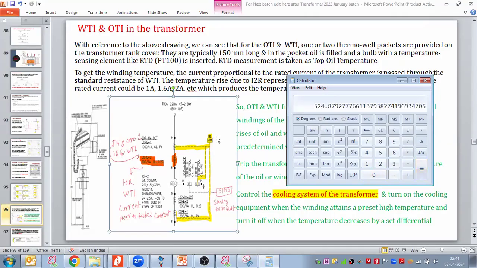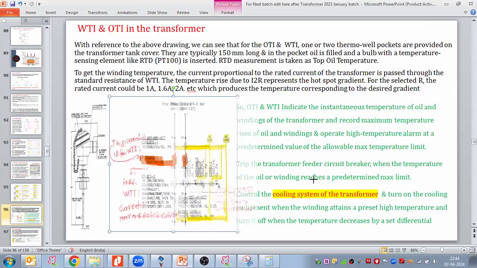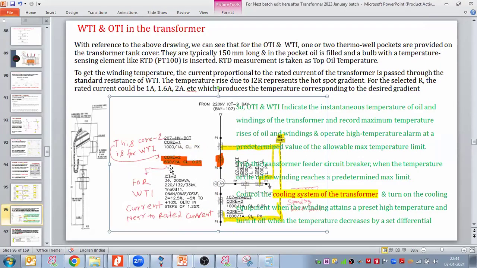Could you see the current coming is 524? So what should be my WTI CT rating? 600, right? Yes, sir.